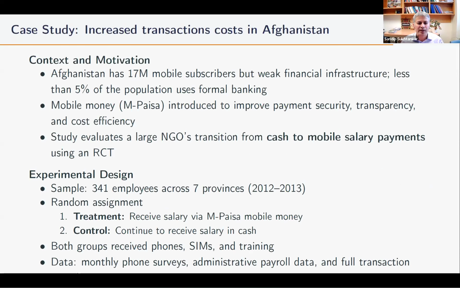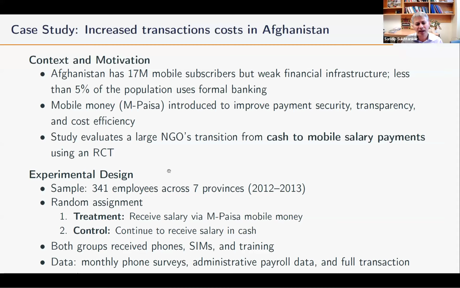So one example here is an experiment done in Afghanistan where the authors worked with a very large NGO as they transitioned from paying their workers' salaries in cash to instead using mobile payments.